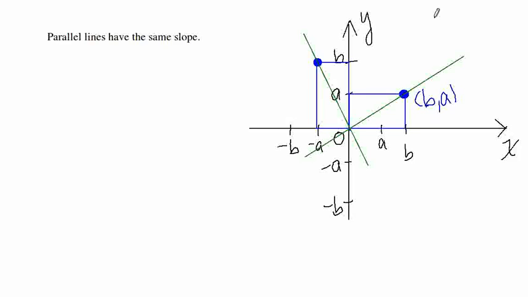Now, perpendicular lines make right angles. In other words, they make 90-degree angles. So to find the corresponding point to B comma A, what I'd have to do is rotate the rectangle that it's on 90 degrees in either direction.